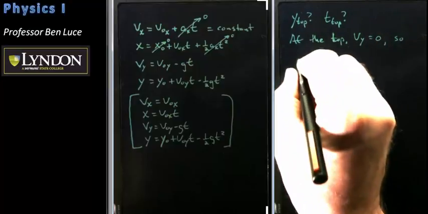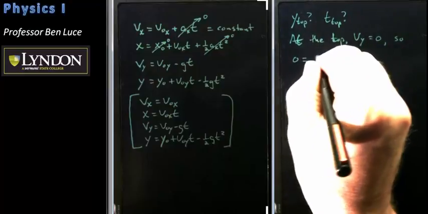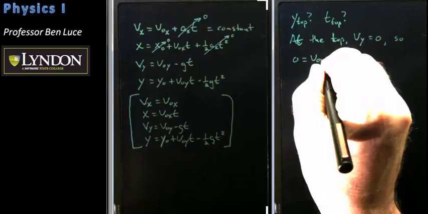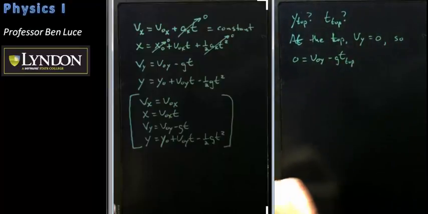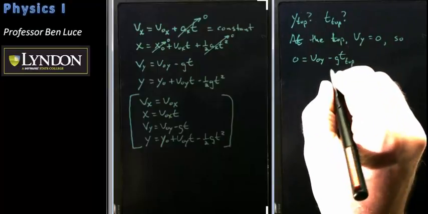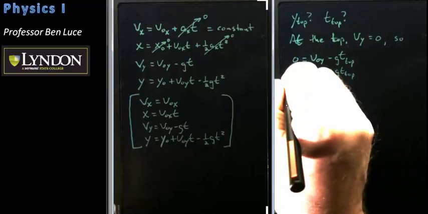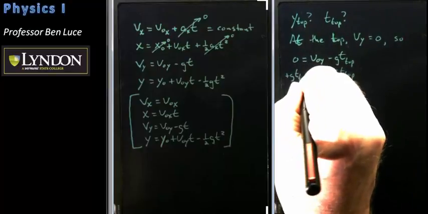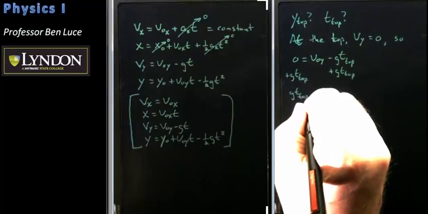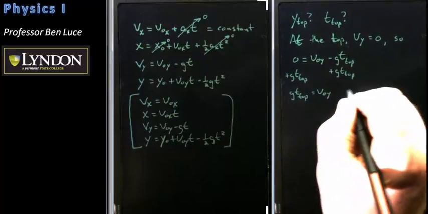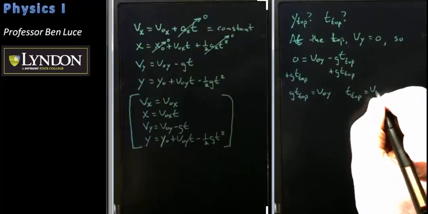So the Vy equation gives us, as it did in that first example, 0 equals v naught y minus g t top. And now we can solve for t top just as we did before. Add g t top to both sides, and we obtain g t top is equal to v naught y, and t top is equal to v naught y over g.